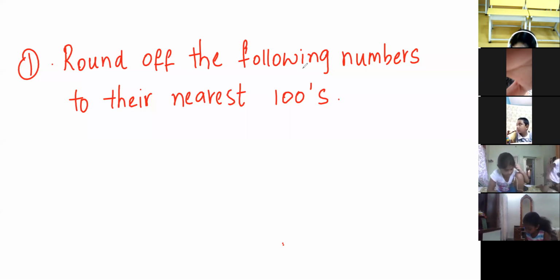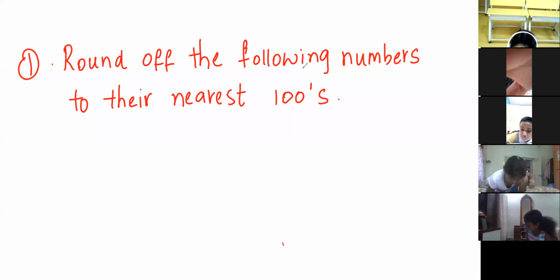How to round off numbers to their nearest tens. Now we are going to round off the numbers to their nearest hundreds. What is the thing I have just now explained to you? To round off numbers to their nearest hundreds, you have to make ones and tens places zeros.